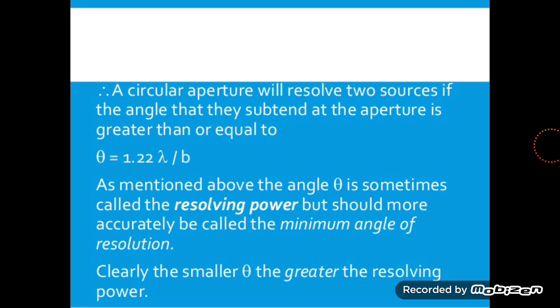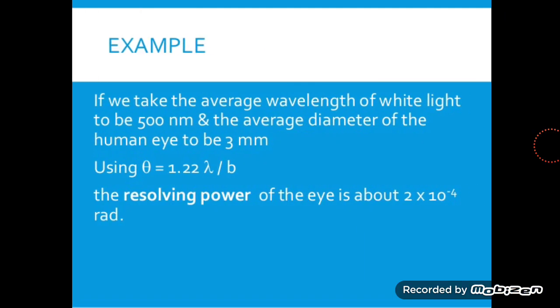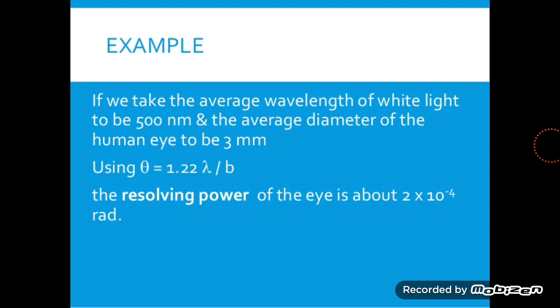As mentioned above, the angle theta is sometimes called the resolving power, but should more accurately be called the minimum angle of resolution. Clearly, the smaller theta, the greater the resolving power. Here is an example.